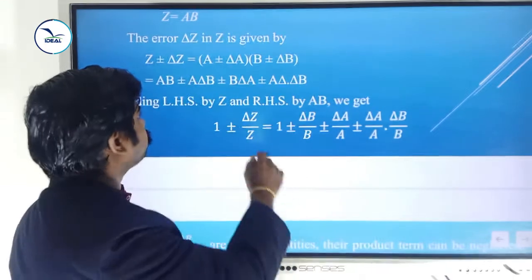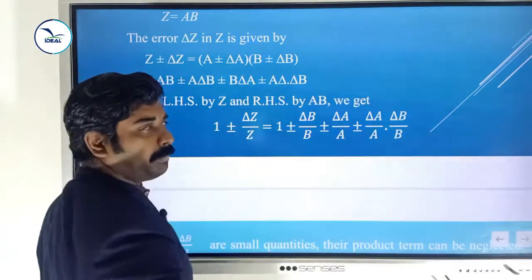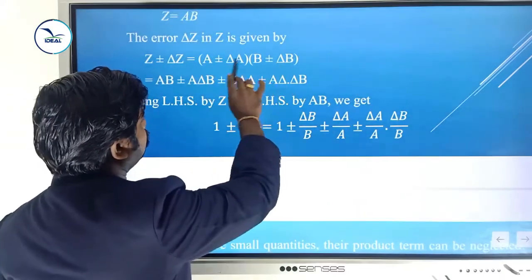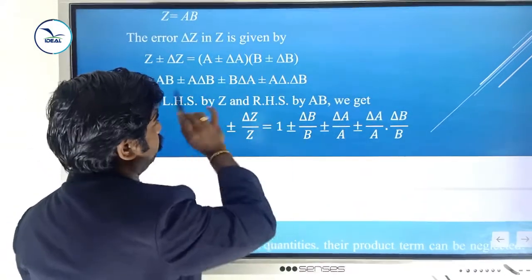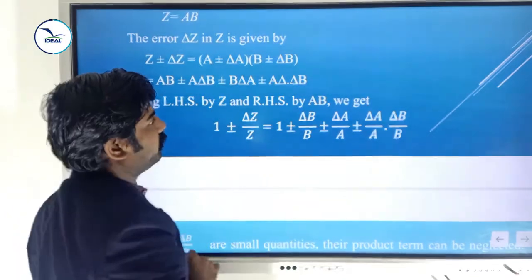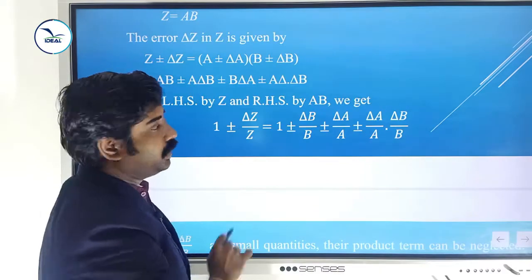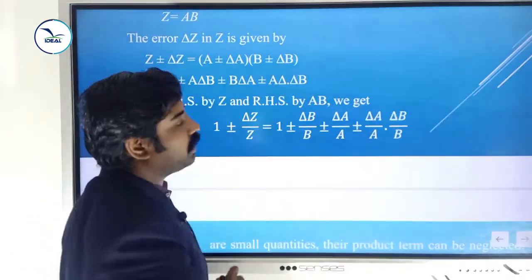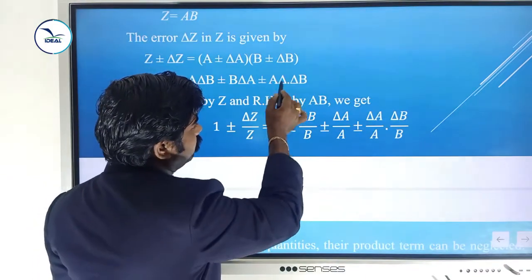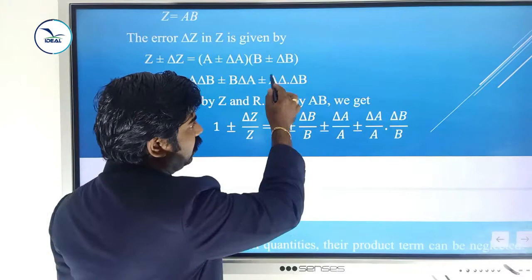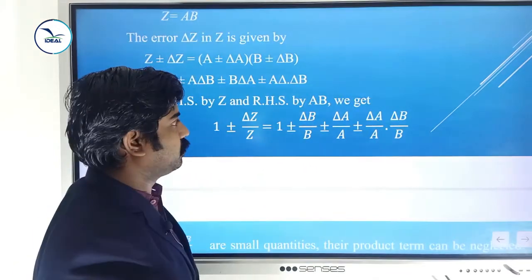Okay, then A into B, AB, plus or minus A into delta B. Okay, then delta A into B, that is B into delta A. Then delta A into delta B. So here a small mistake is there, that is delta A into delta B. Okay, delta A into delta B, that is a small mistake.